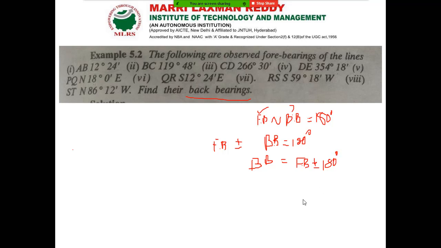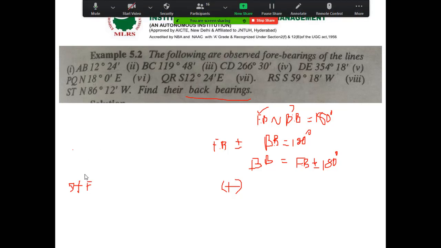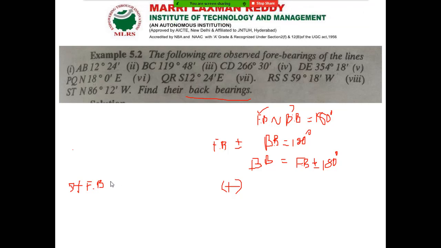Okay, so when we can use plus and when we have to use minus, that is the question right now. First, we have to use the plus sign if our fore bearing value is less than 180 degrees for the particular line. Then we have to use the addition symbol.